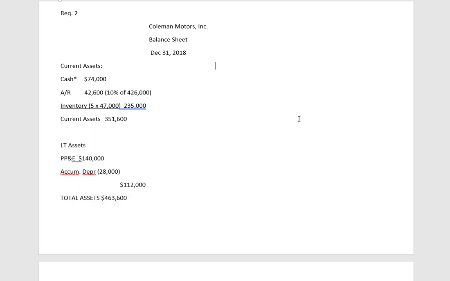Then we can over here do liabilities. So for current liabilities, I'm going to have accounts payable of $84,600. I just got that by taking $282,000 minus $197,400.